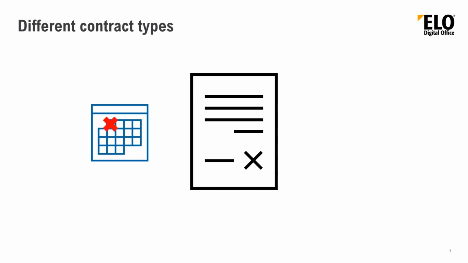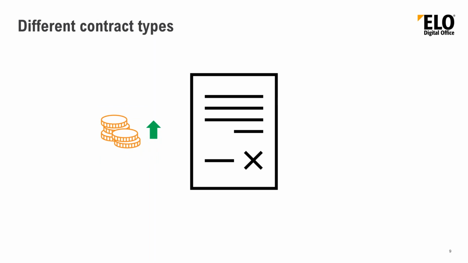Then we have contracts with no term. So, for example, a sales contract has no fixed term, it has a date on it, and that's it. Or we have contract with a fixed term, like a service contract for the multifunction device, which is in our office.